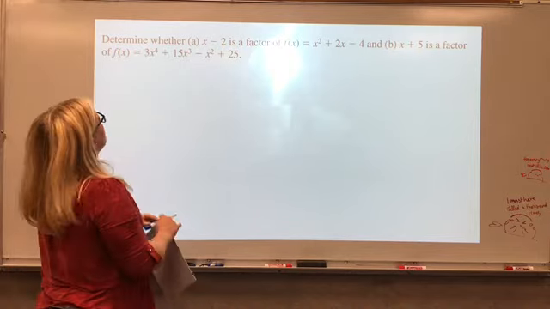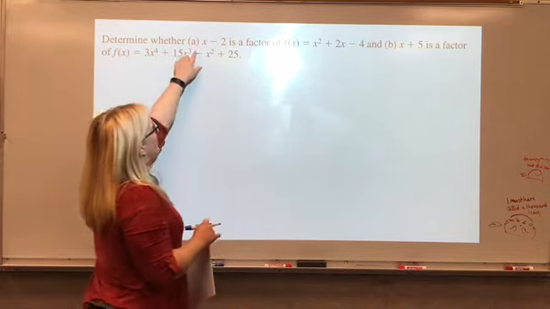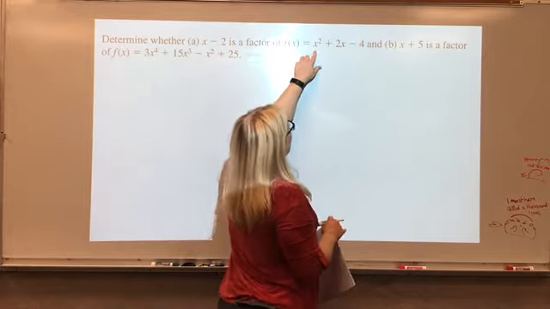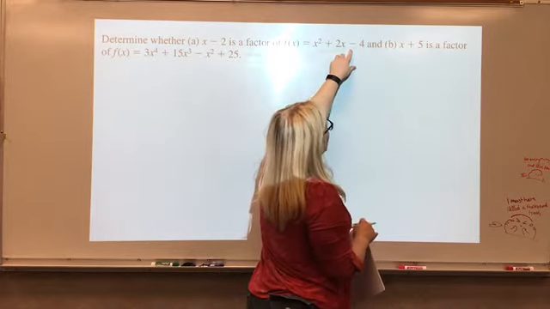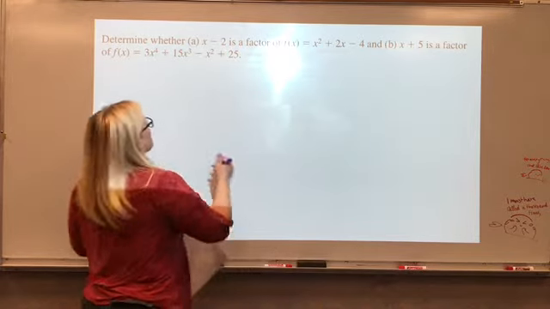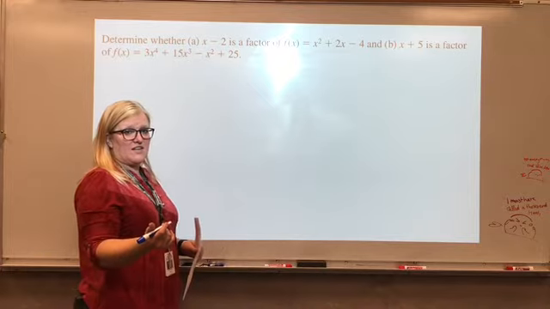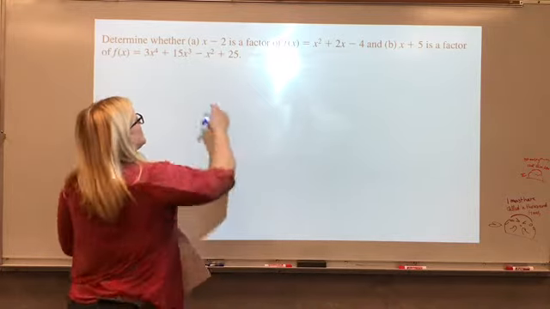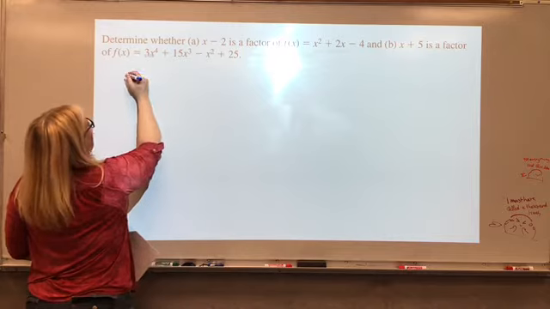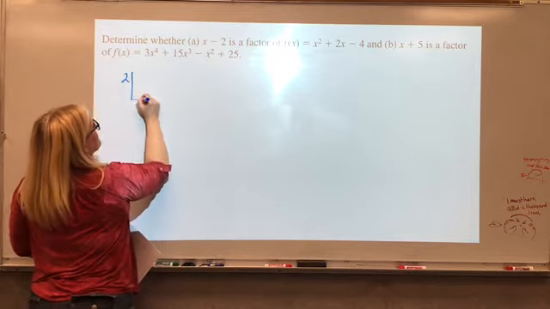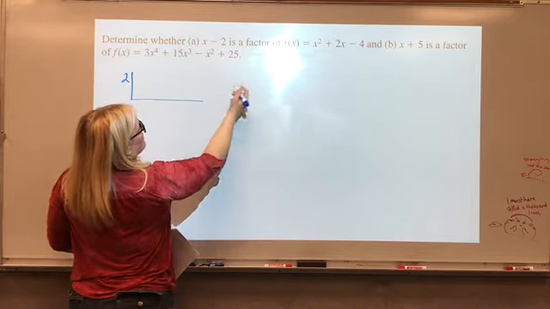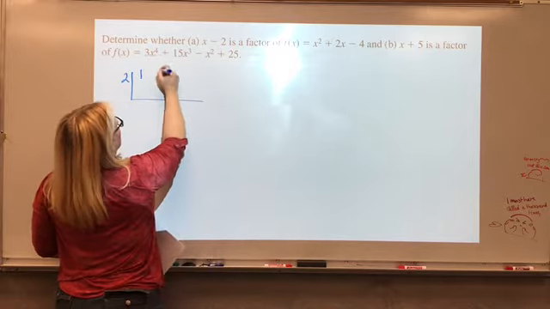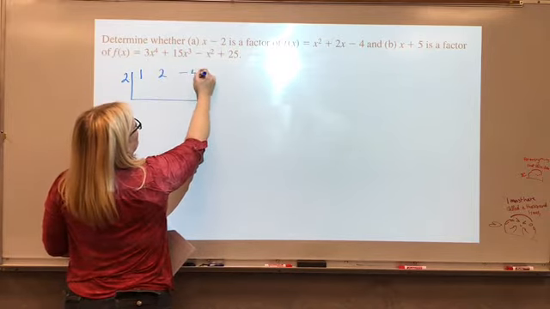Here I have, determine whether x minus 2 is a factor of x squared plus 2x minus 4. I'm going to use synthetic division to figure this out. So x minus 2, that means I use a 2. Remember, it's the opposite of what you think it should be. I've got a 1, a 2, and a negative 4.